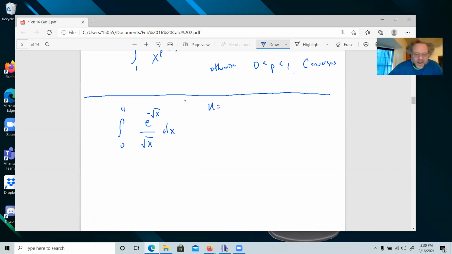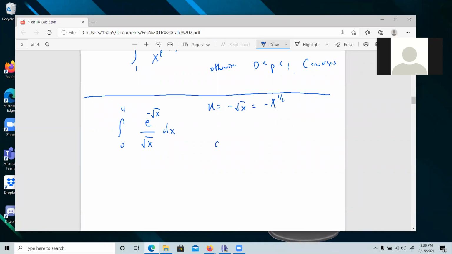we're going to go off to the side here and say let u equal, if you want it to be positive or negative, I let it be negative square root of x, which is negative x to the 1/2 power. No, positive. All right.